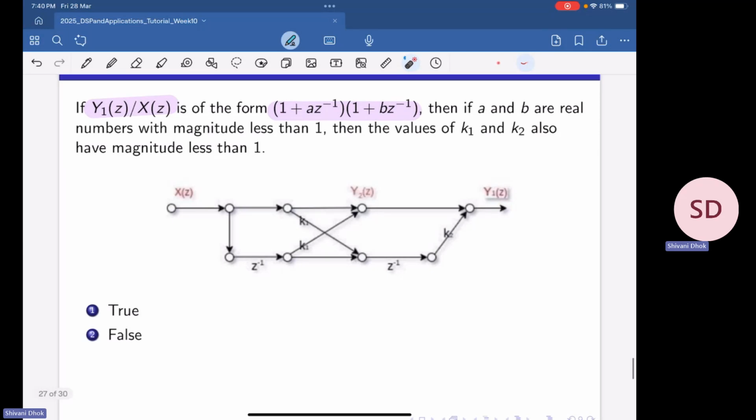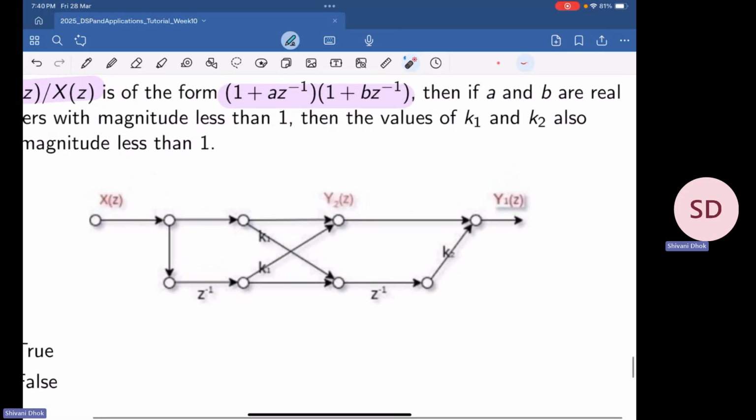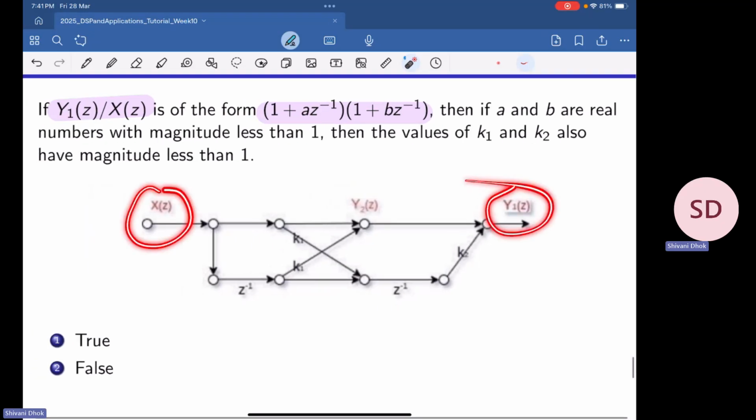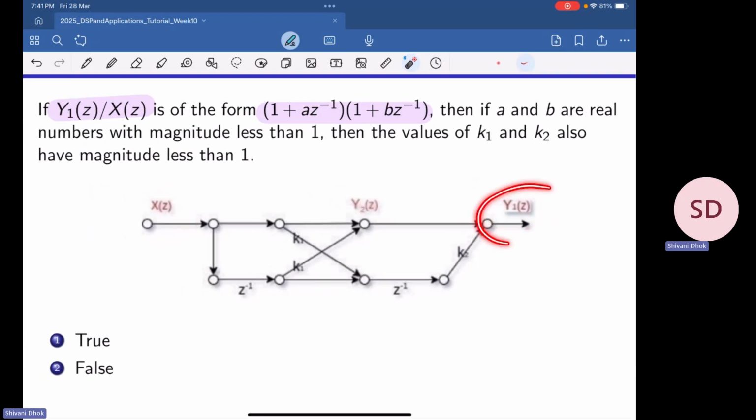So let us first simplify this a little bit and understand where this y1 of z is. This diagram is really bad. Here we have y1 of z, and here we have x of z. We are given y1 of z divided by x1 of z, so this is basically output divided by input.